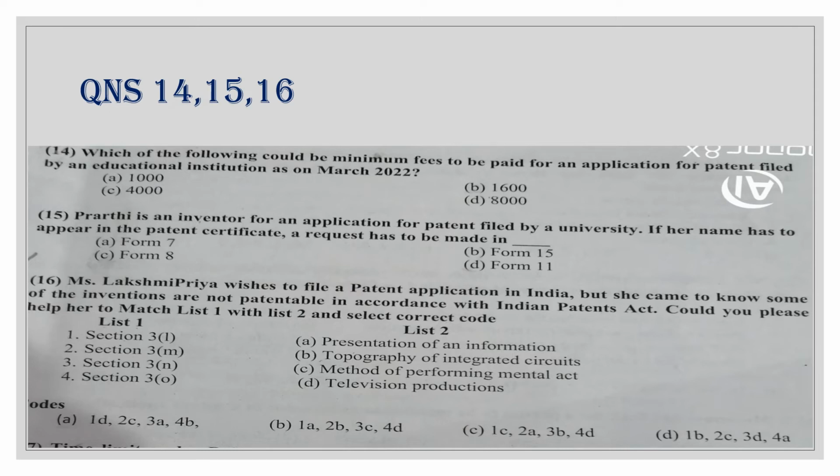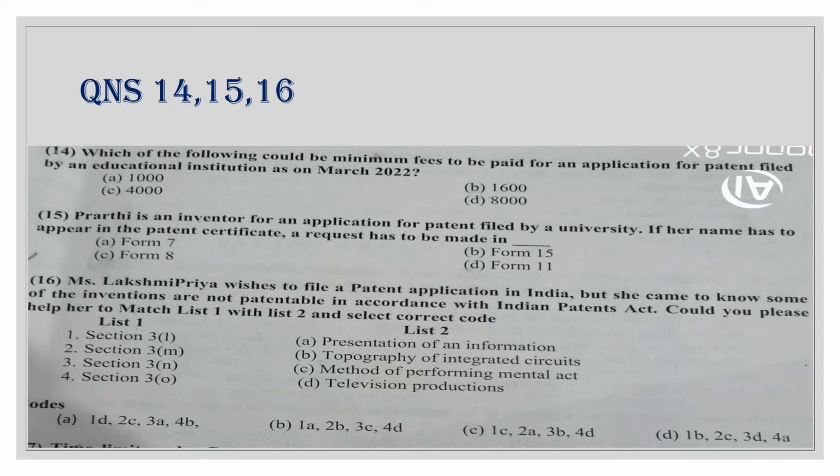Let me analyze this actually. 1D, that means section 3L, and this is television. Section 3L deals with television productions. Next we can go to 2, that is section 3 clause M, that deals with method of performing mental act.